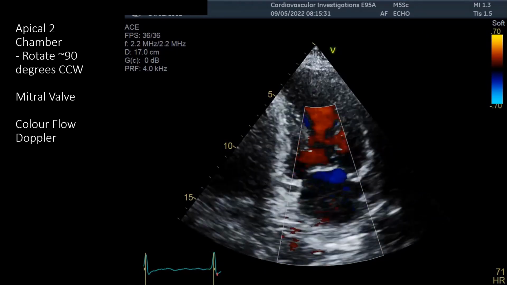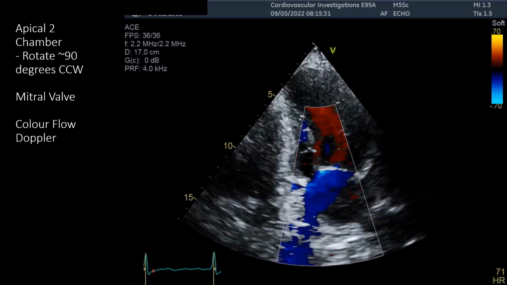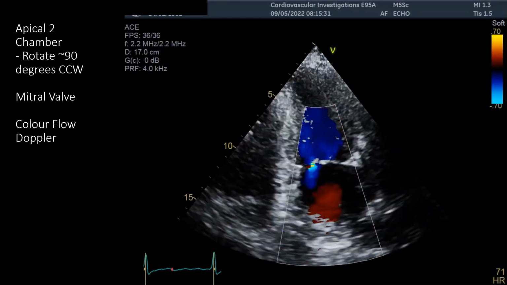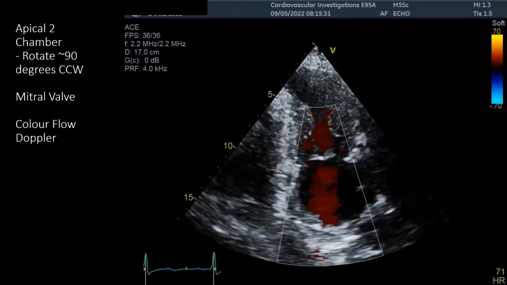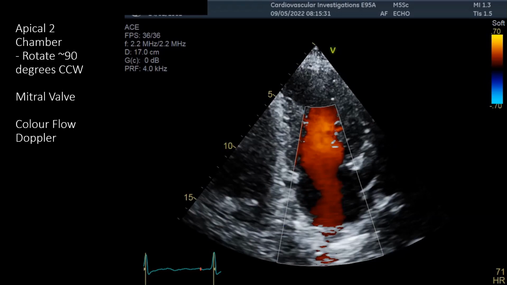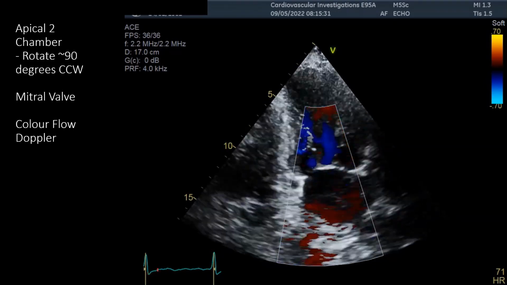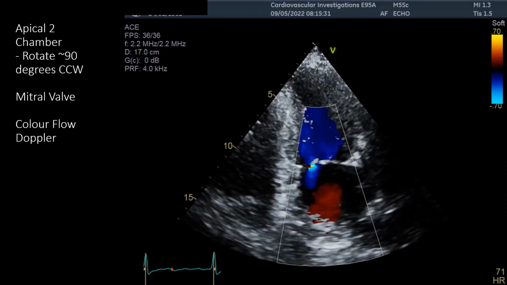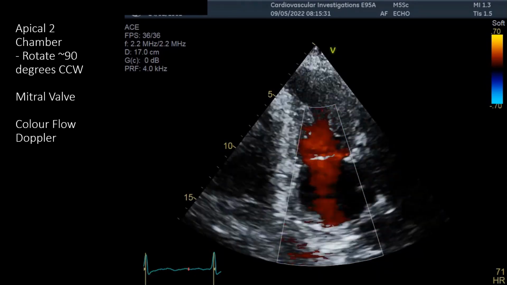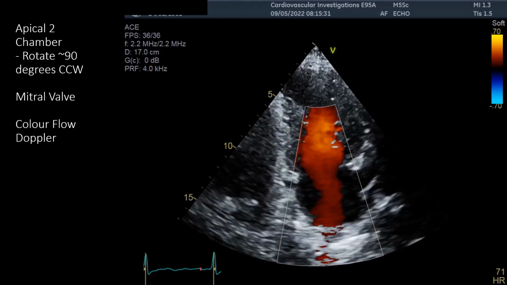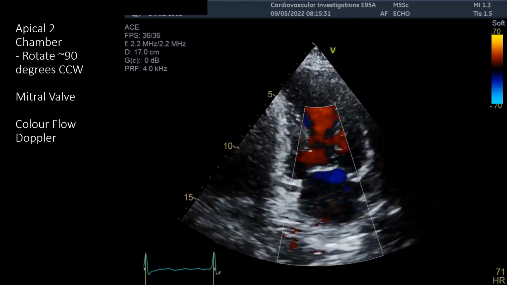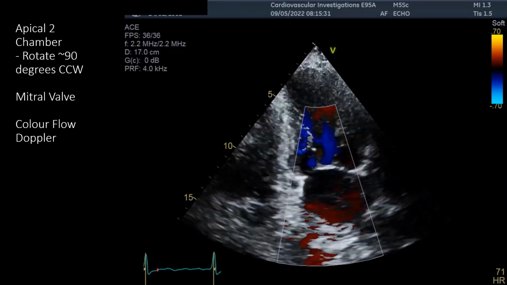And we can interrogate the mitral valve again with color flow, because we might find that a regurgitant flow is occurring which is only visible on one view, or we may get better alignment on one particular view of a regurgitant jet that we might also see from other views.